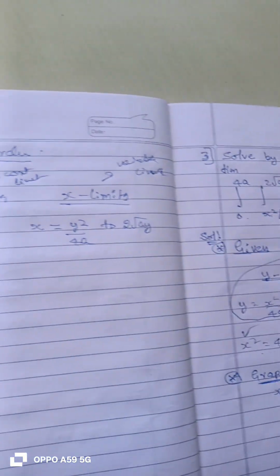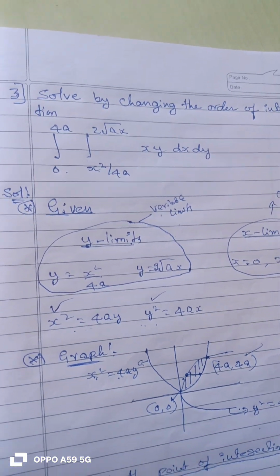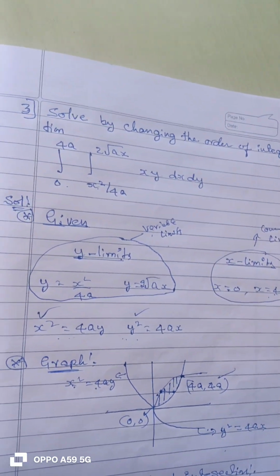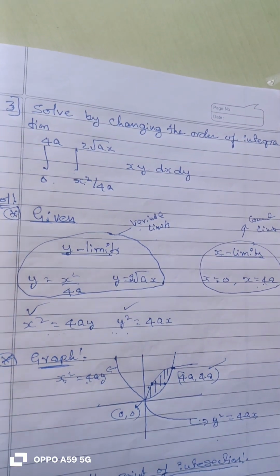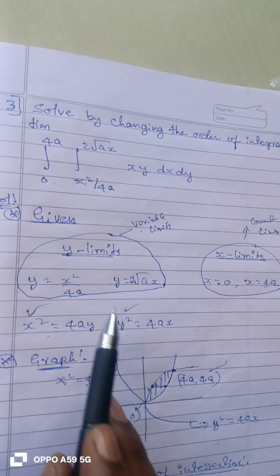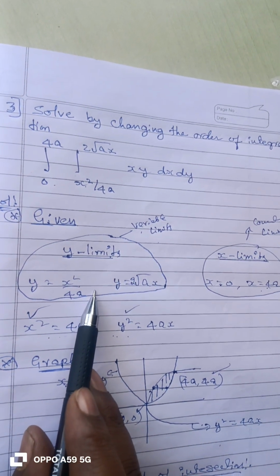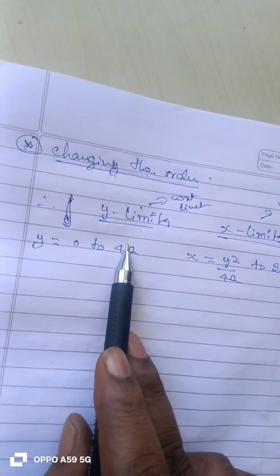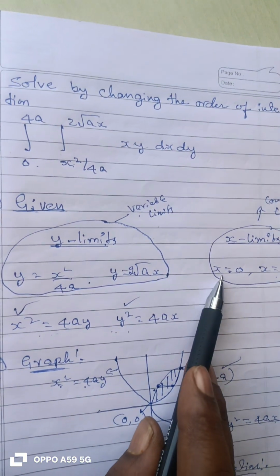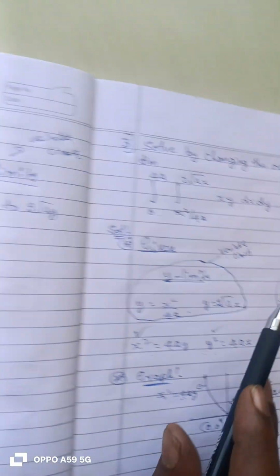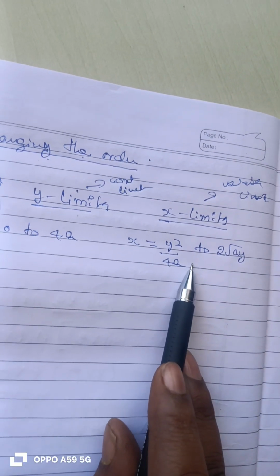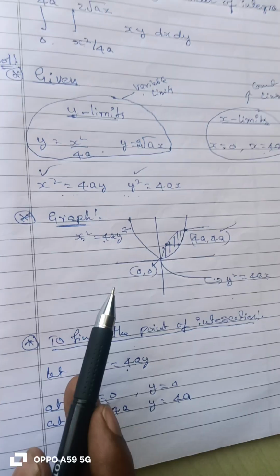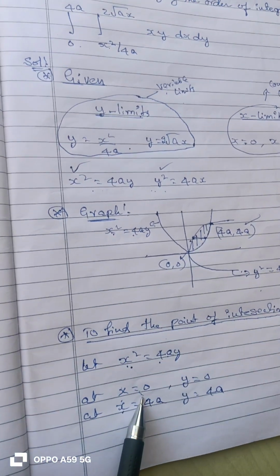This is the way we need to do the changing of order. The y limit they give as variable limits, we need to convert into constant limits. The x limit they give as constant limits, we need to convert into variable limits by using the graph, by using the point of intersection.